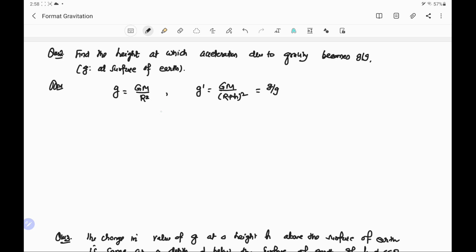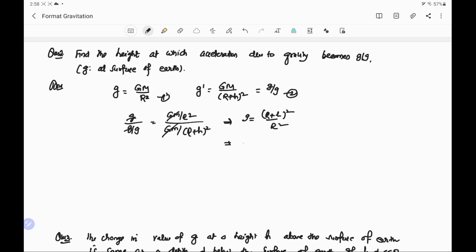On comparing, we divide equation number 1 by equation number 2. So we will get g/9 = (GM/(R+h)²)/(GM/R²)... that is, 9 equals (1 + h/R)², where g and GM cancel.